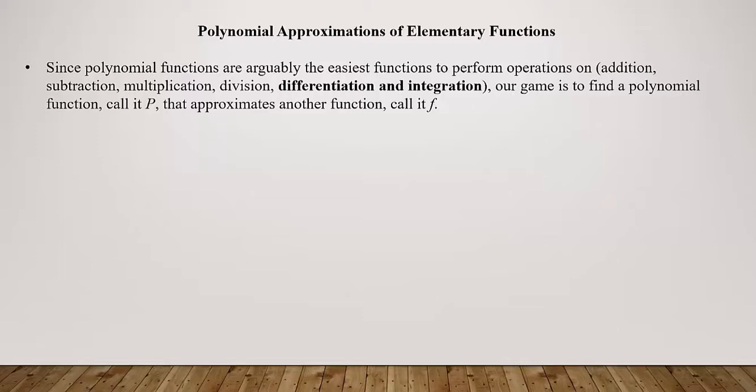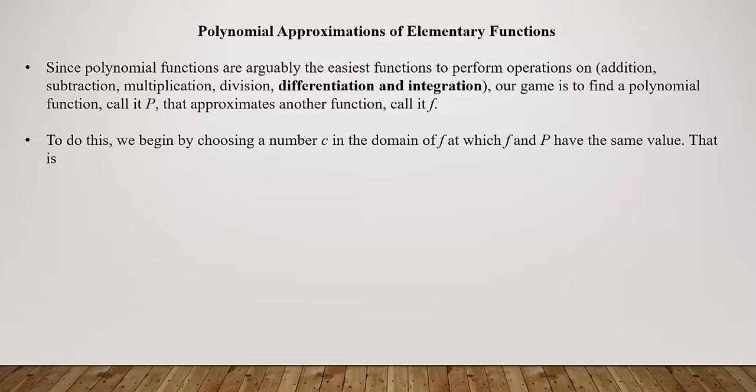We kind of saw that in section 11.2. Our game right now is to find a polynomial function, and I'm just going to call it P, that approximates another function, and I'll call this other function F. So how do we do that?